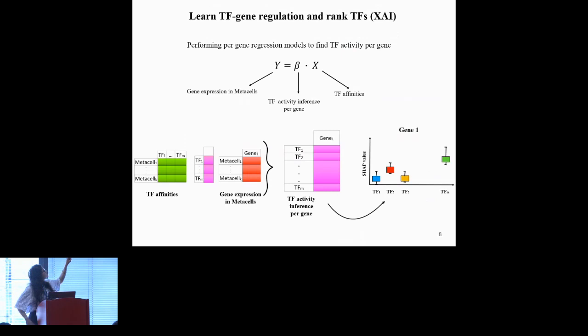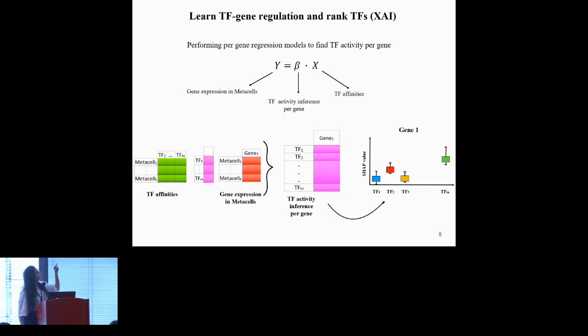As you can see, we have the green matrix, which is meta cells times TFs. We got it from STAIR. And we also have the red one, which is gene expression in meta cells. By running a regression model, we can get the purple vector, which is TF activity. This is for one gene, and we did this regression model for all of our genes. So it's a per gene model.